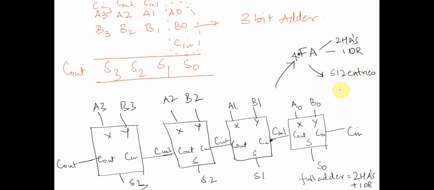So that's why half adders and full adders are very important, and it's not only because of these two, right? Let's assume we now have this 4-bit adder.